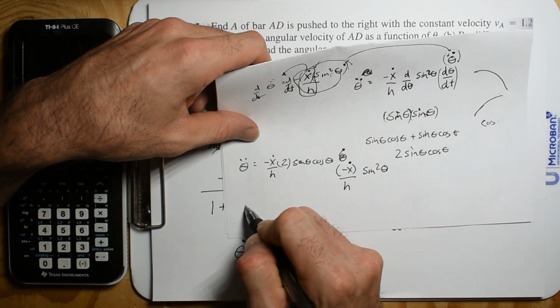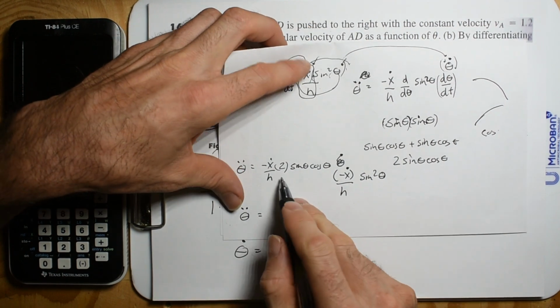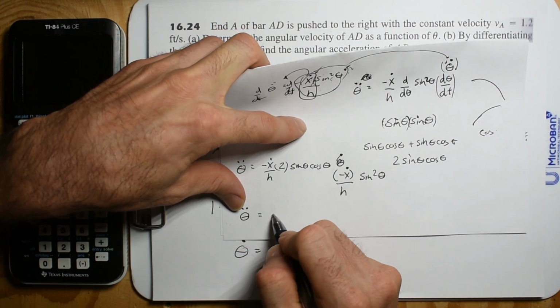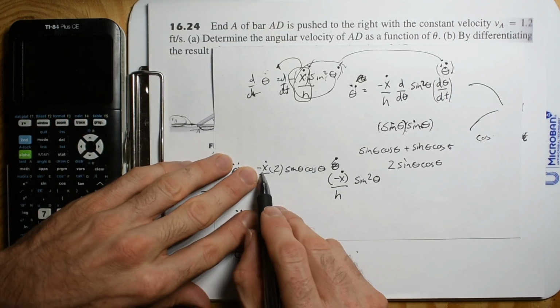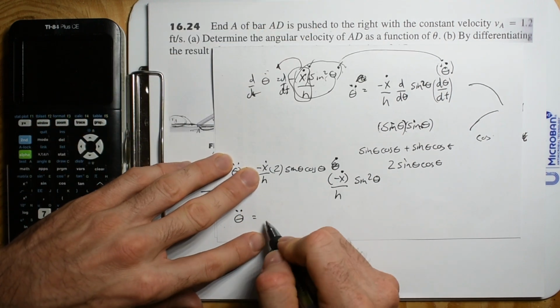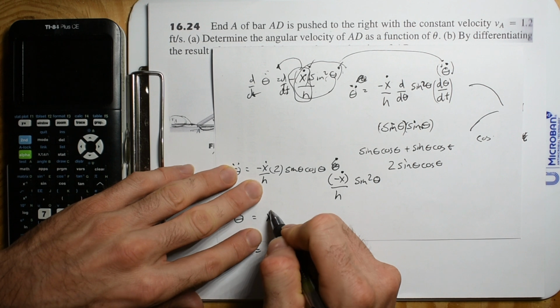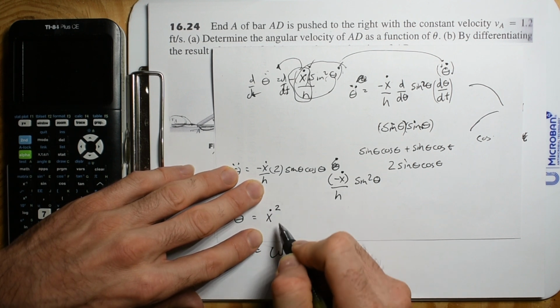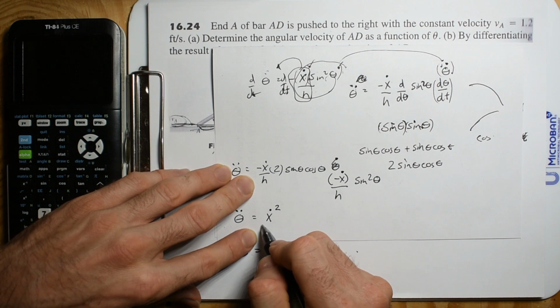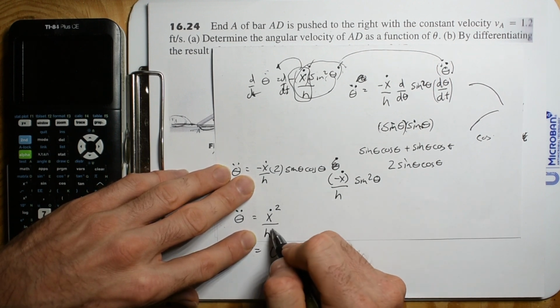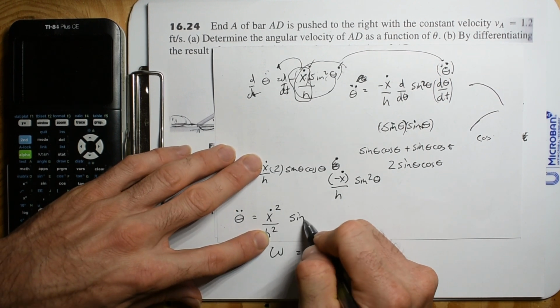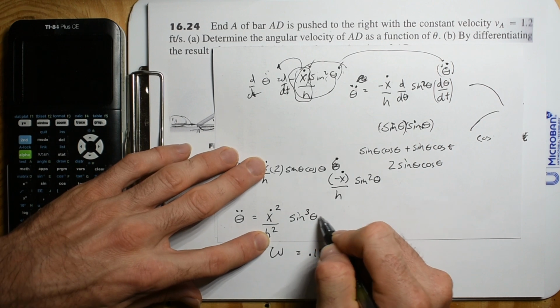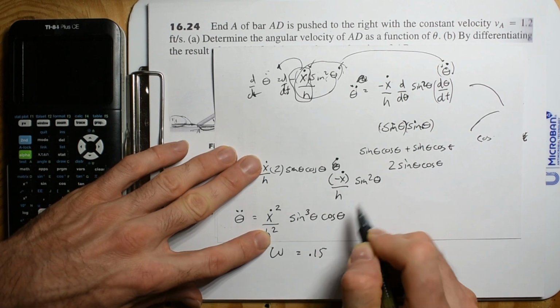And so we're going to have theta double dot is going to be, and then the negatives, so we're going to have negative x times negative x. Okay, the negative goes away for sure. So we're going to have theta dot squared divided by h squared sine cubed theta cosine theta.